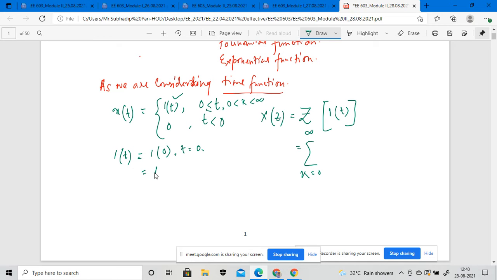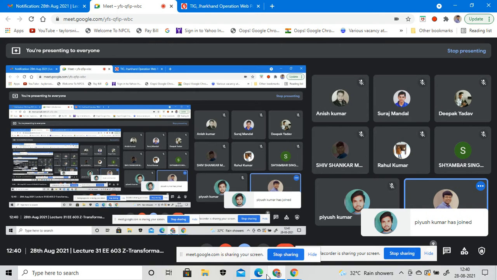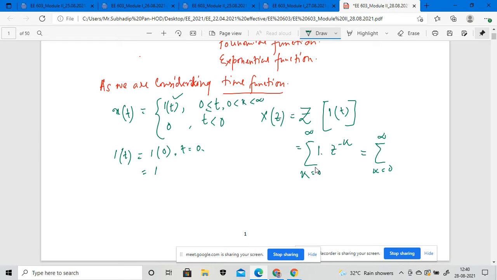So considering the Z transformation of this function, we get the summation of 1 into z to the power minus k, for k from 0 to infinity.